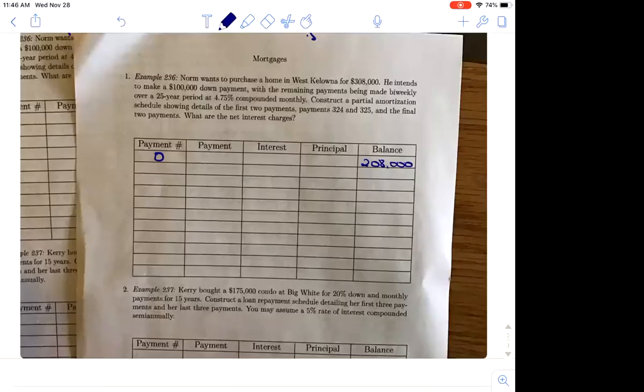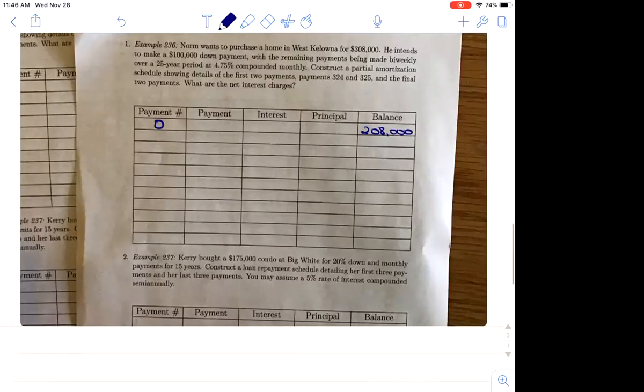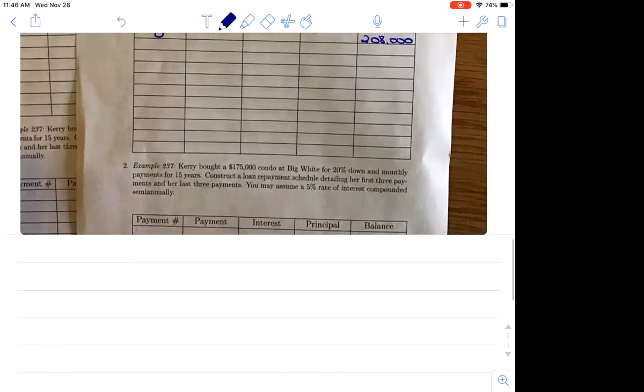There you go, 208. So we want to find the payment amount first, right? And so we need to find the payment amounts.